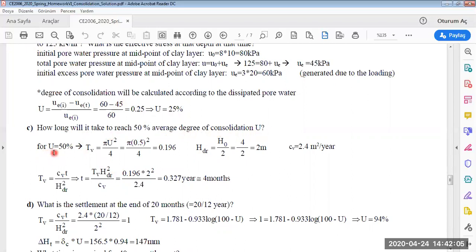It means the capital U is 50, and we can calculate the time factor using this formulation, and we can calculate the drainage path here, and coefficient of consolidation is given in the question. So we can calculate the time from this formulation required for this amount of consolidation.